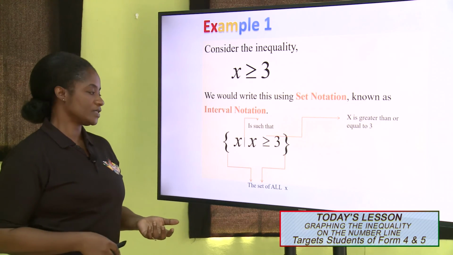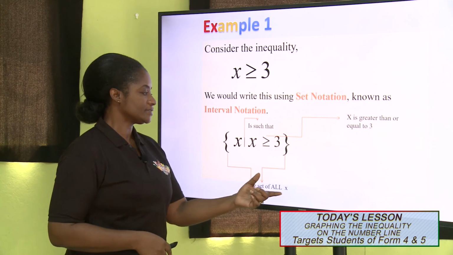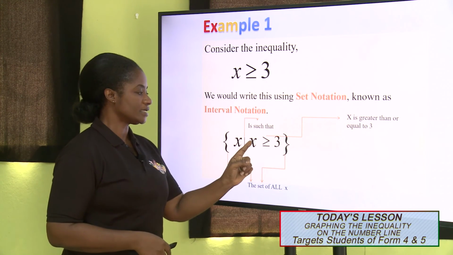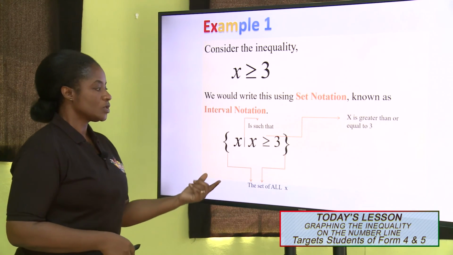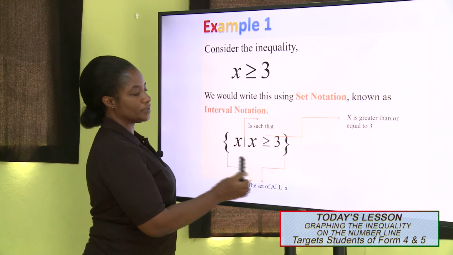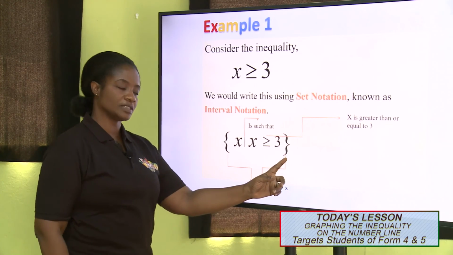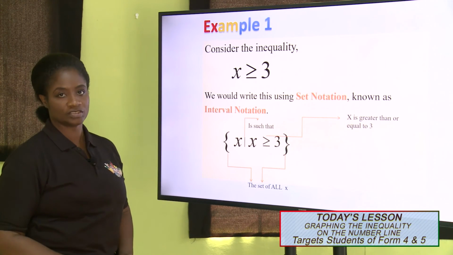I'll repeat the entire phrase. The set of all x is such that x is greater than or equal to 3. So the entire notation that you see here, from the open curly brace to the closed curly brace, is denoted as interval notation.